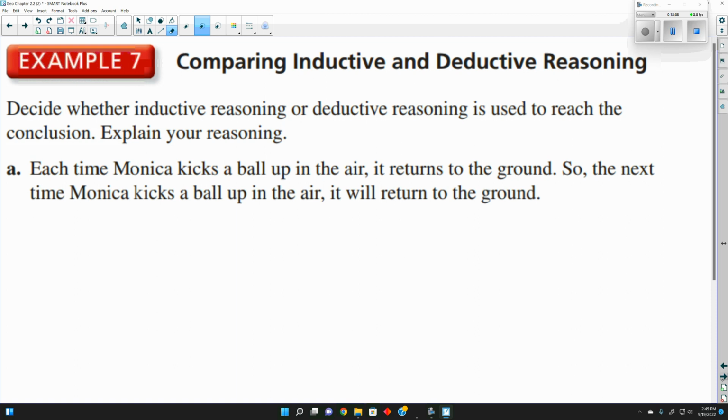A pattern. So this is inductive. It's not going to be deductive. Because deductive is facts, definitions.